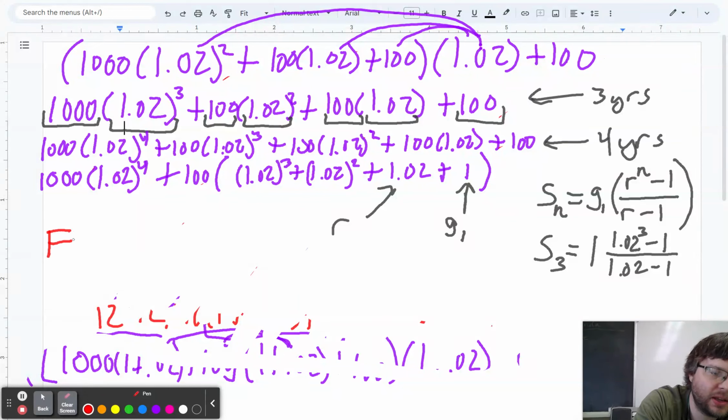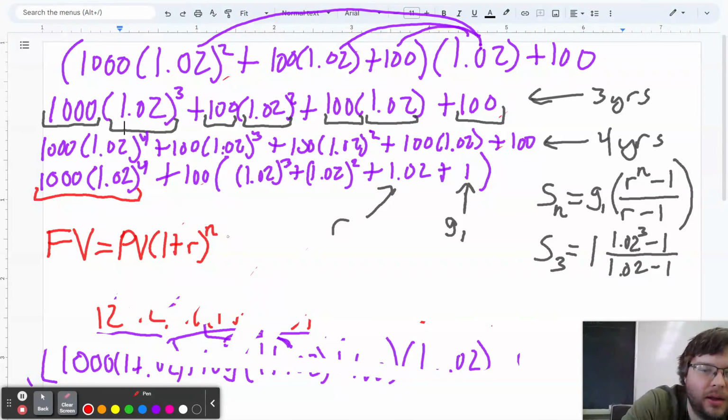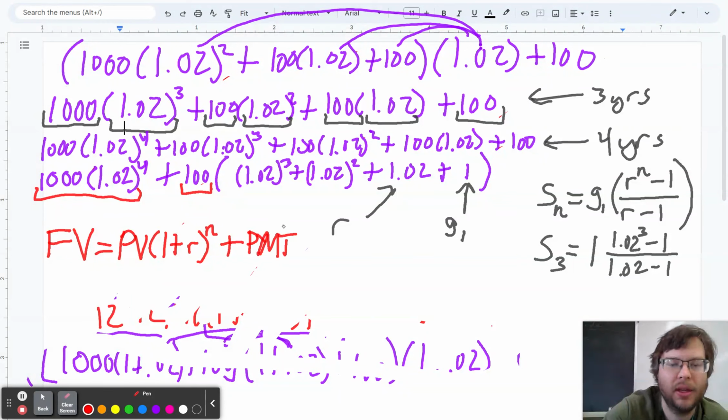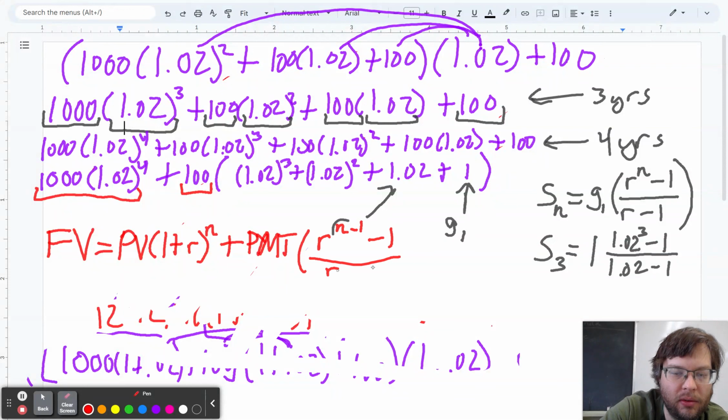The future value in this annuity is equal to your normal compound interest formula, the present value times (1 plus your interest rate) to the n years, plus your regular deposit, sometimes called your payment, PMT, which is how a lot of times they'll abbreviate the payment, times the sum of the geometric series, which looks like this: (r to the n minus 1) over (r minus 1).